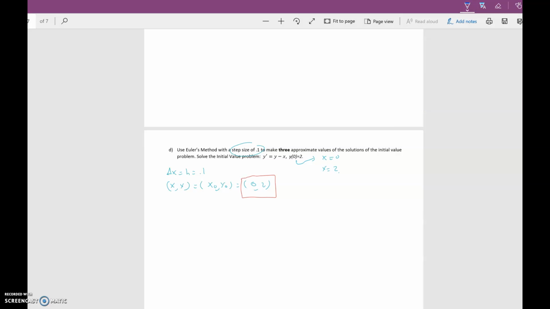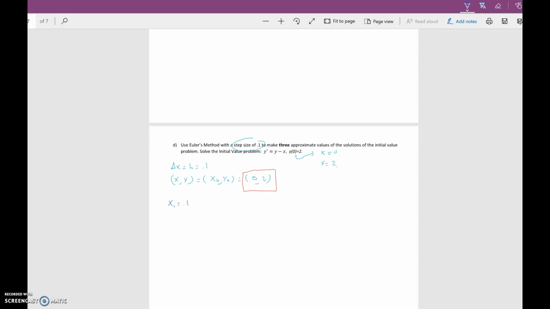For x of 0 equal to 0, your x of 1 is equal to 0.1. This is going to cut me off, so let me just rewrite the formula. To find y1, you have to do the following.